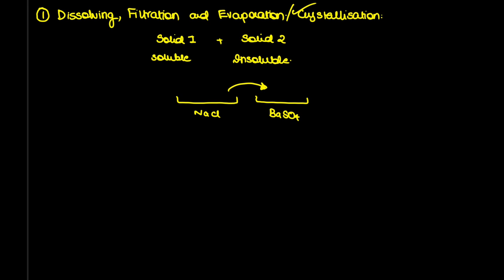Alright, so we have NaCl and barium sulfate. So what do I do? First of all, I'll add water to the mixture and stir. Alright, so let's just say step 1: add water to the mixture and stir.